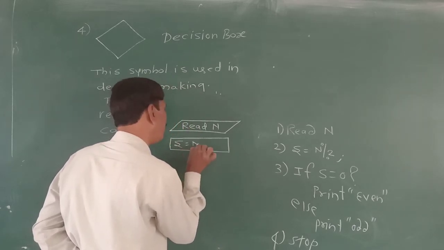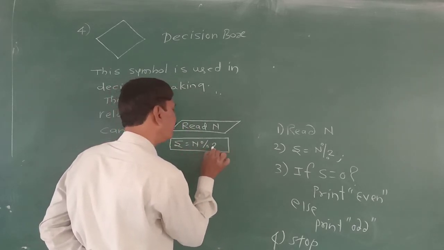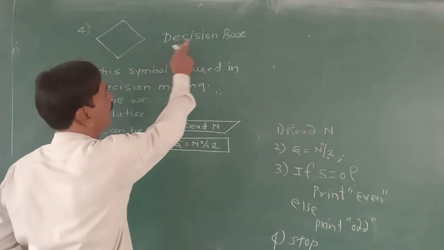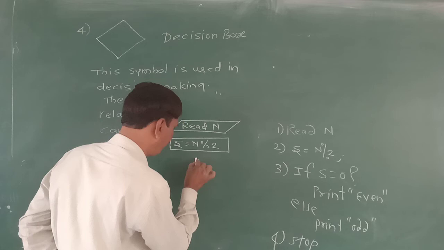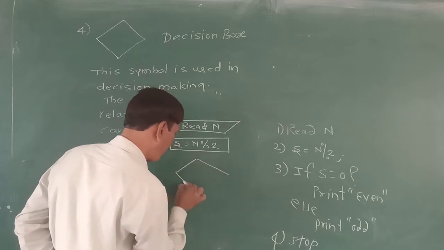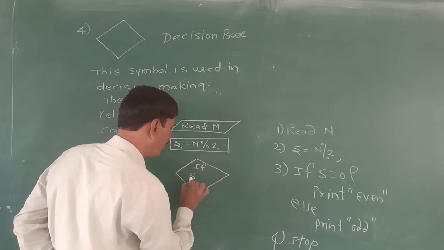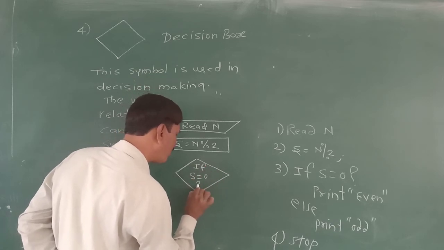Yes is equal to n modulo 2. If yes is equal to 0, question mark. And this is the decision making block. Decision making. If yes is equal to 0, question mark.